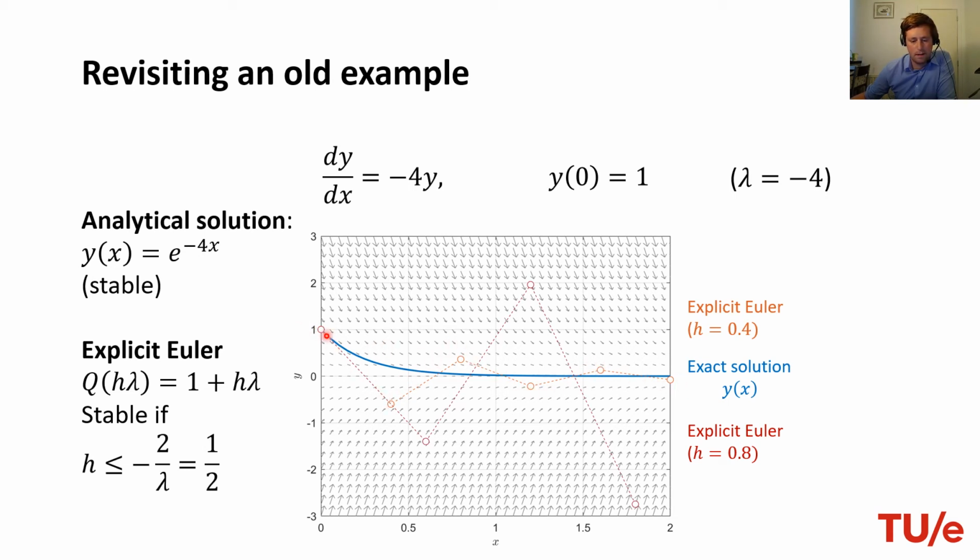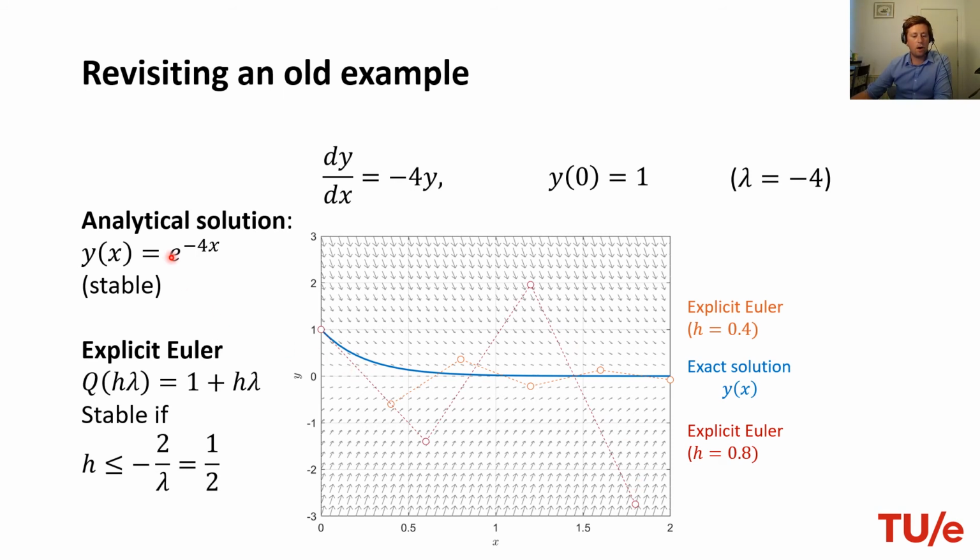So we have a decay of the solution. It stabilizes, it goes to the exact solution if we increase x, whereas for explicit Euler with h equal to 0.8, which is larger than our stability criterion, so that is not met, we see that our numerical solution increases without bounds.